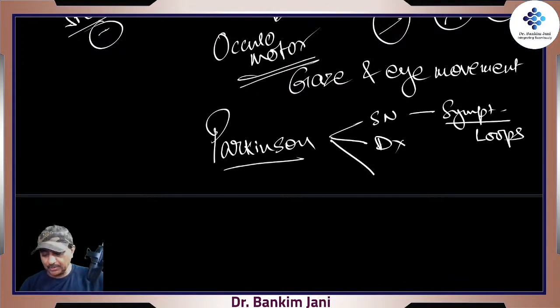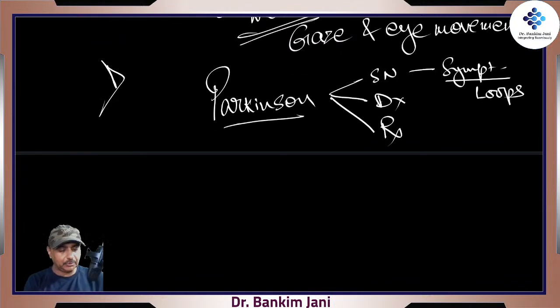Plus we'll also be talking about the treatment part, because this will enhance your pharmacology. It is not at all difficult to understand, because we know this concept very well: basically, it is a game of dopamine.